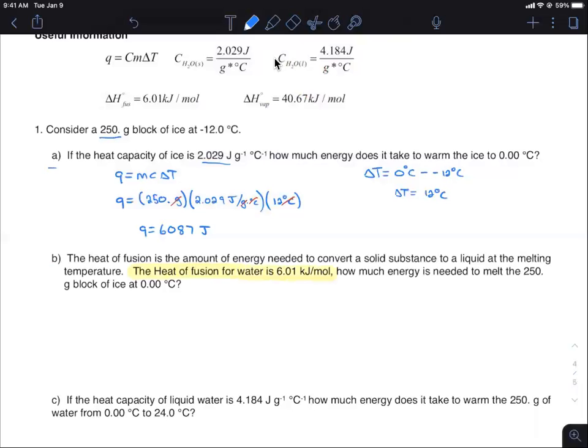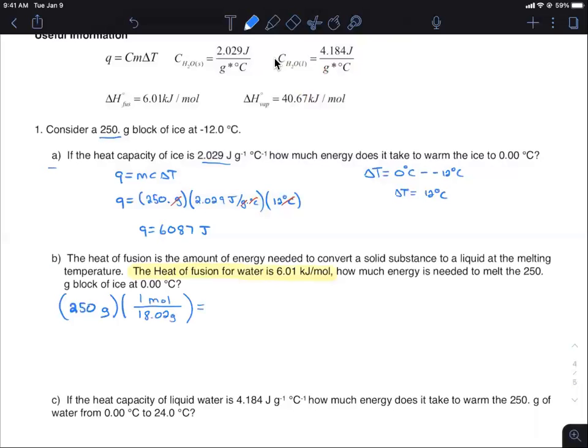But we don't have a mole of ice, we have 250 grams of ice. So the first thing we have to do is convert grams to moles. We say 250 grams, divided by our molar mass of water, 18.02 grams for every 1 mole.